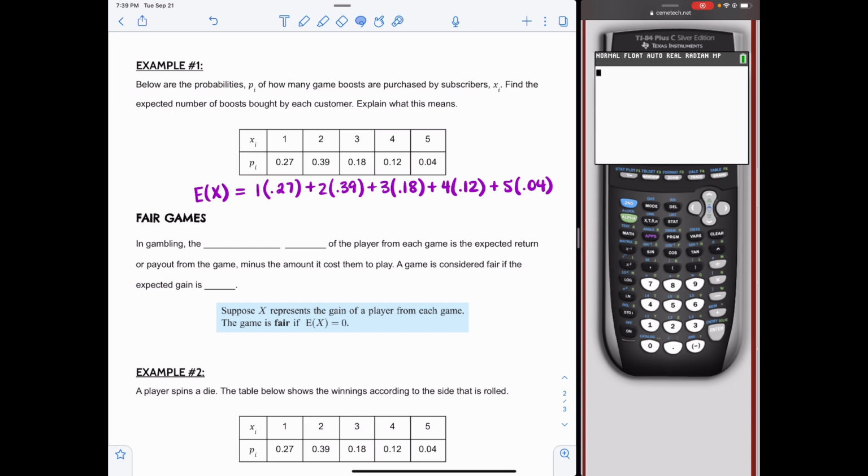Remember, you have to multiply all of the expected values by their probabilities.